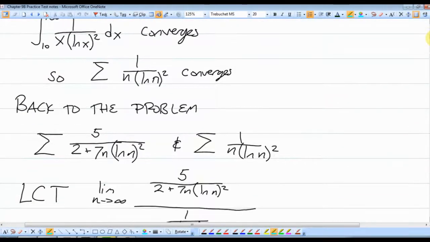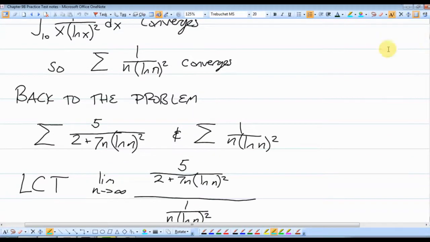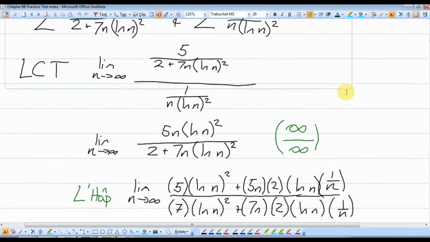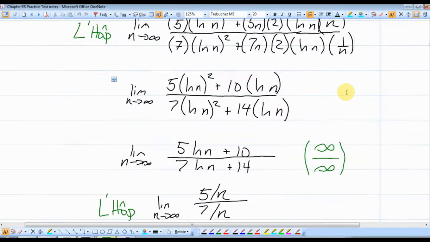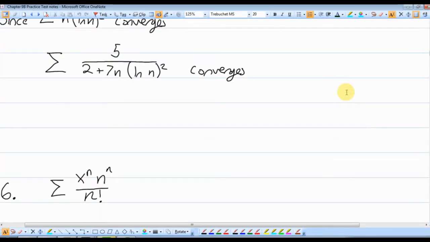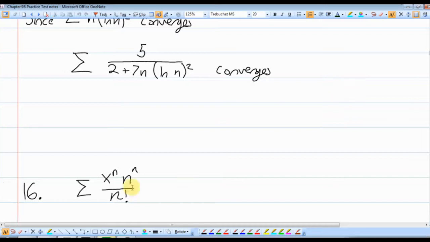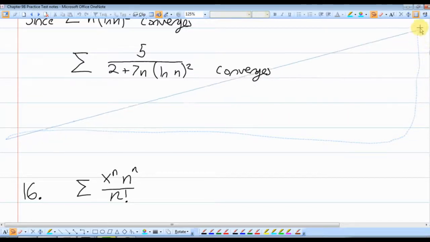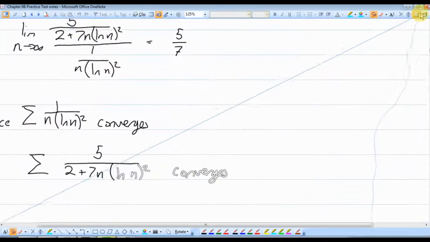Back to the problem. Wow. So that's not going to be on the test, because we didn't learn that. How did you do number 11 then? Did you actually get your answer? I don't think so.